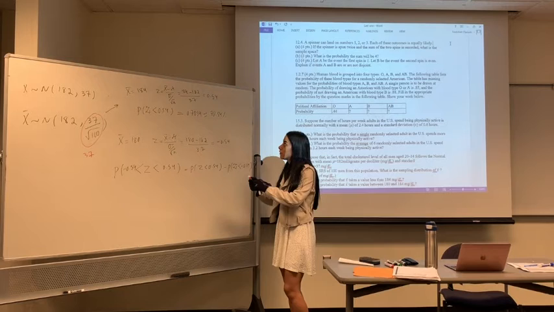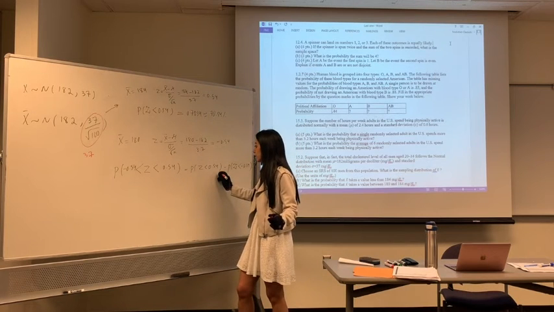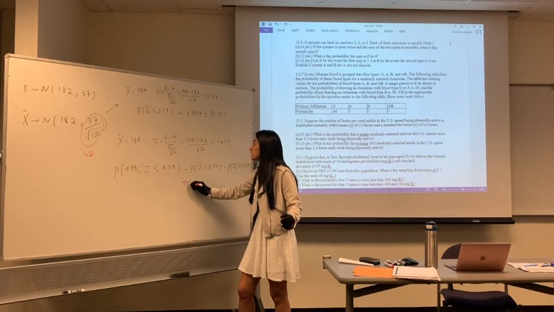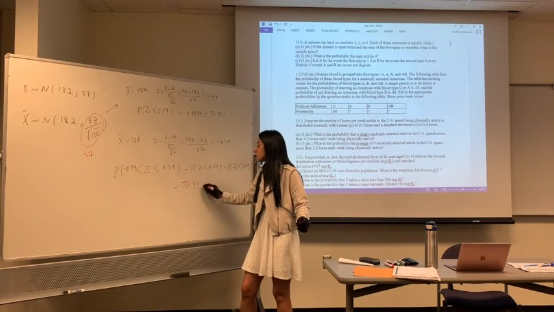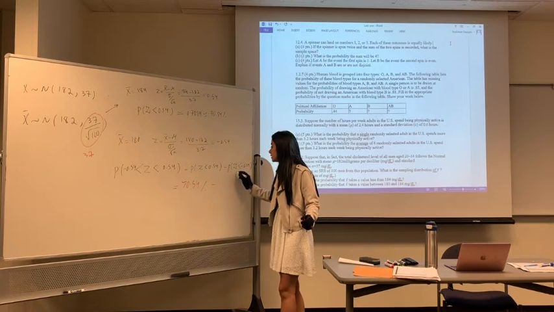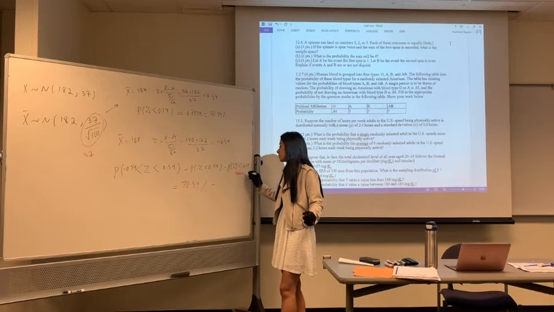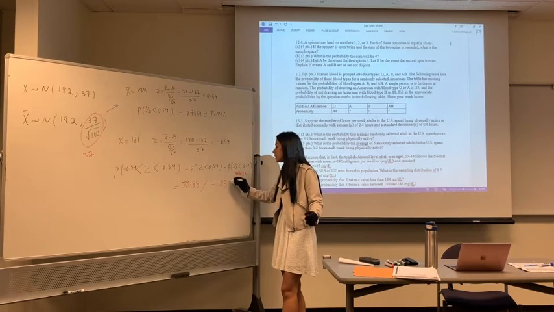So from the table, we found this one is 70.54 minus this one, 29.46.